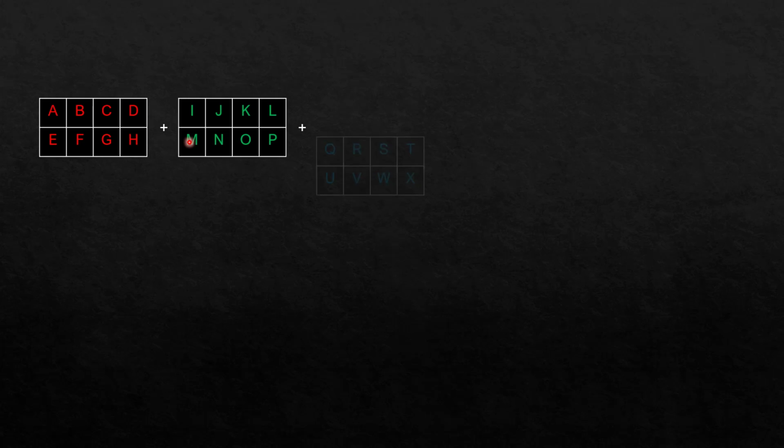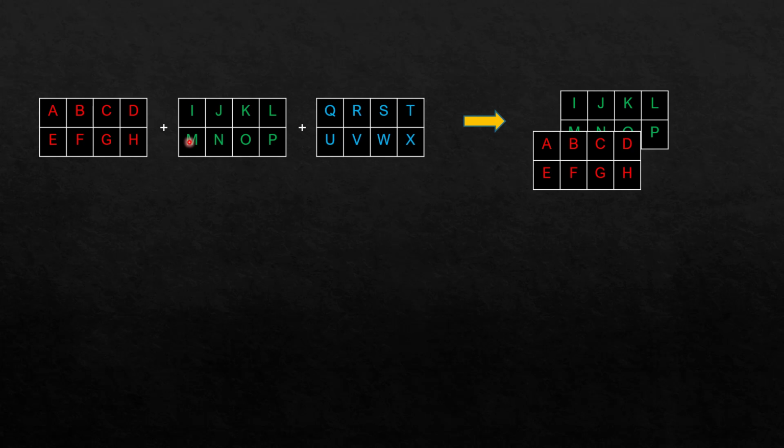That means we will be working with 8 pixels, okay? So this is our red layer, this is our green layer, and this is our blue layer, right? If we talk about the scaled-down version of that image, this is how it will look: red layer, green layer and blue layer.